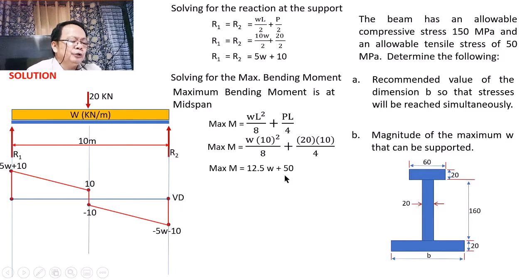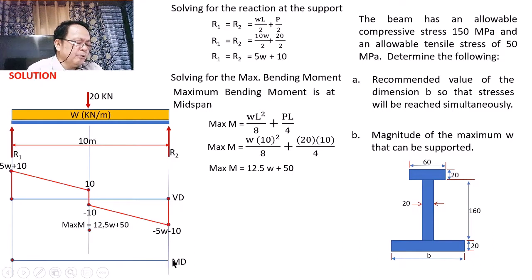So the magnitude that you will be getting will be the same when you use this formula, or when you use the relationship between the load, the shear, and the moment diagram. And so our maximum bending moment will be expressed now in terms of W. Ito yung ating maximum bending moment that is expressed in terms of W equal to 12.5W plus 50.